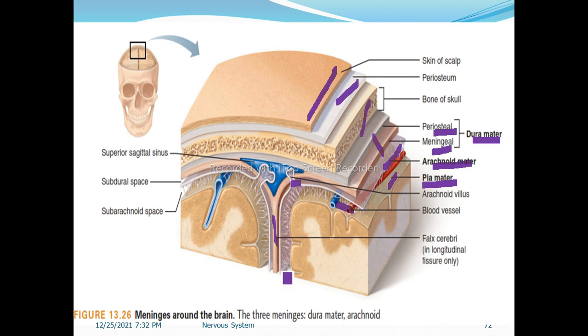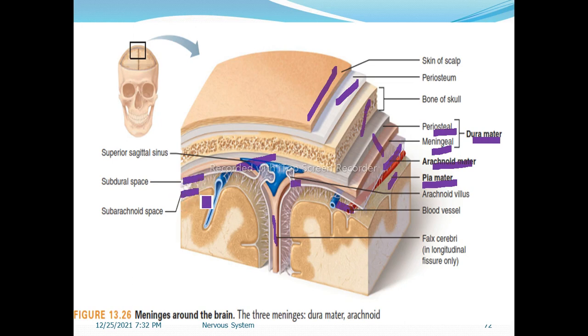So this one is the superior sagittal sinus. This is the subdural space. This is the subarachnoid space. So we have the maters: dura mater, arachnoid mater, pia mater. Between these maters there is space. This one is the epidural space. This is the subdural space.